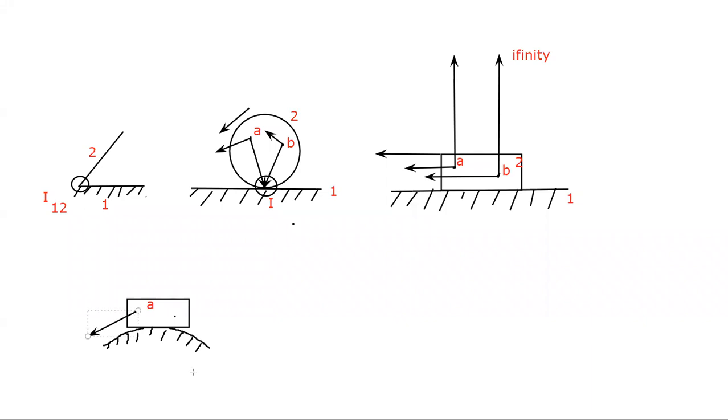And this point is on the other side, so it is trying to come somewhat up, so the direction will be like this. This is my B point.